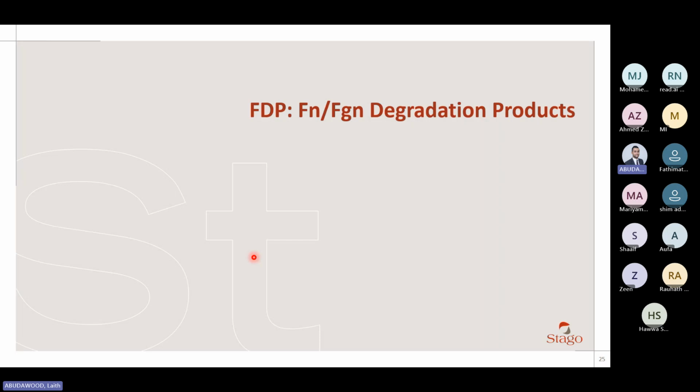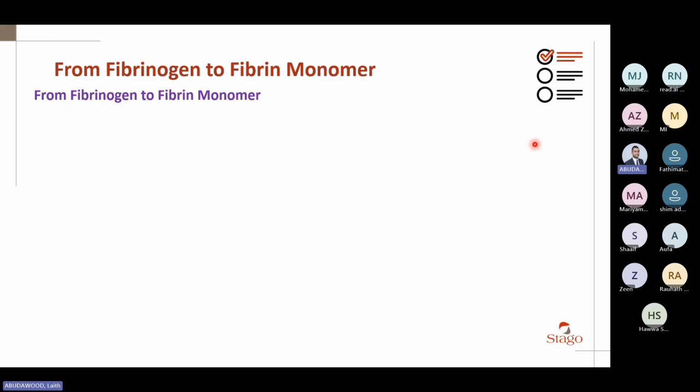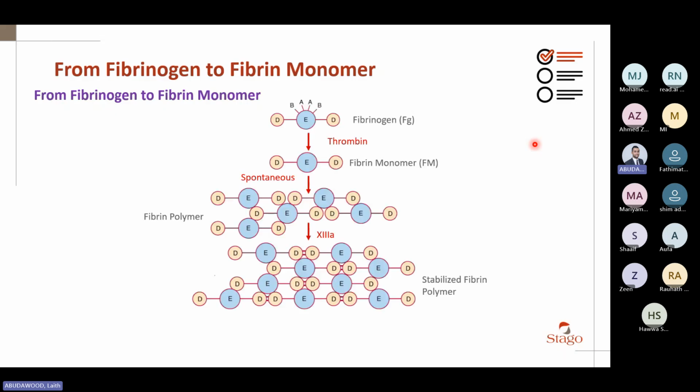However, fibrinogen itself is not really linked by factor 13. So fibrinogen cannot really generate D-dimer. However, this assay says fibrinogen degradation products. So does it measure fibrin or does it measure fibrinogen degradation products? It actually measures both at the same time.